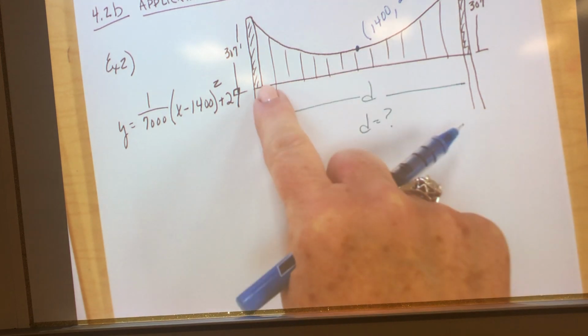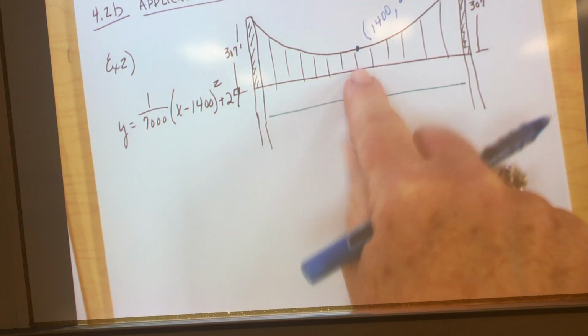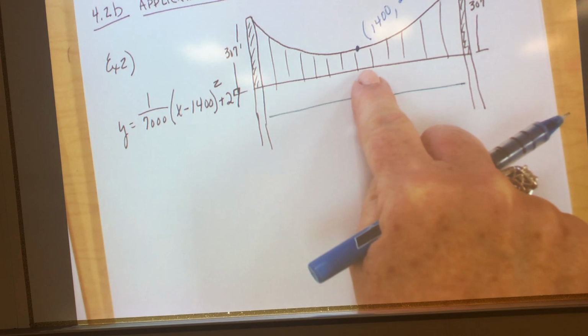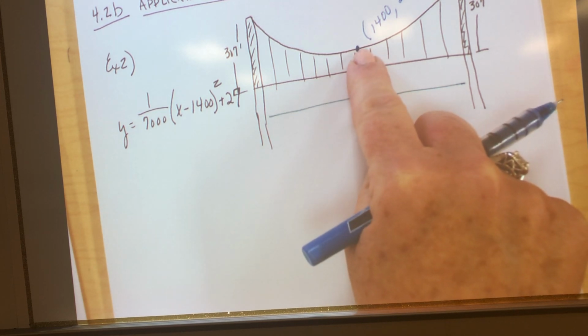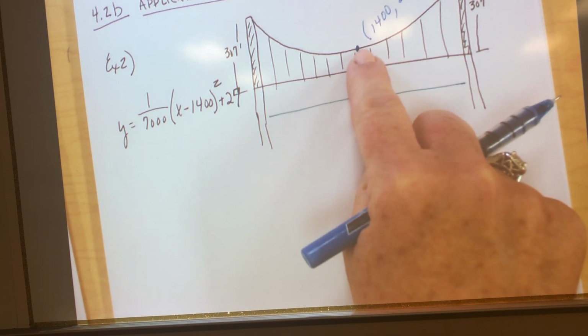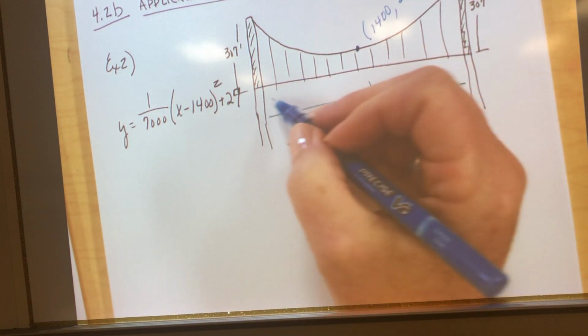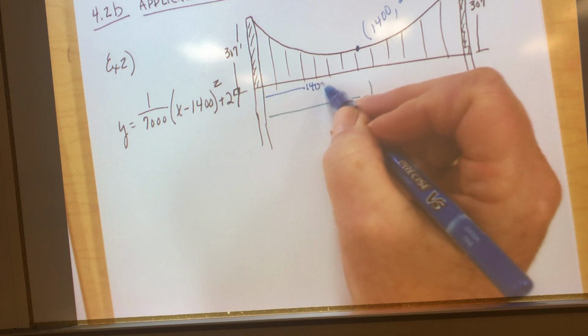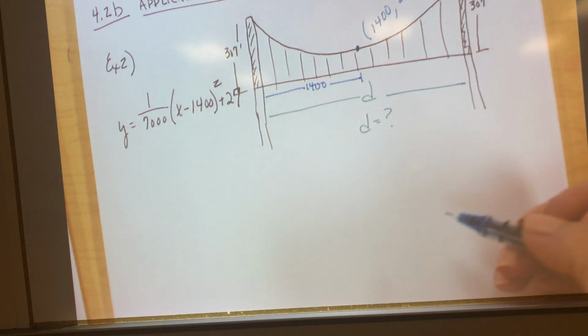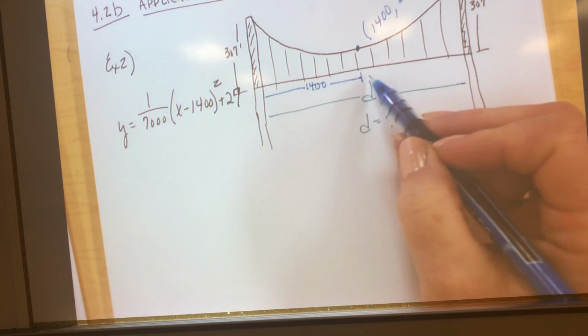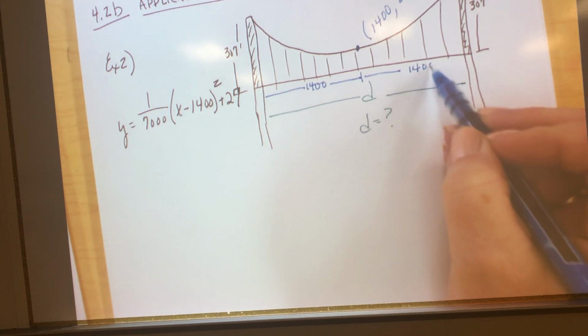Half the distance. Yeah, this is half the distance, and what does the 27 represent? The height, how far that cable is up off the roadway, 27 feet above the roadway, and this is 1,400. Well, guys, if from here to here is 1,400, what's from here to here? 1,400. So what is d? 2,800.